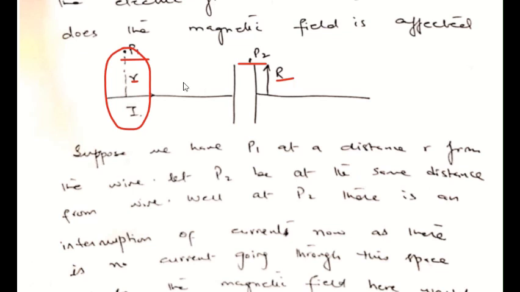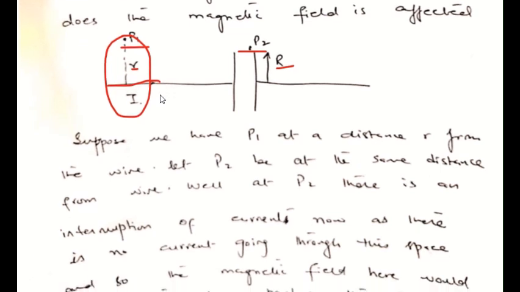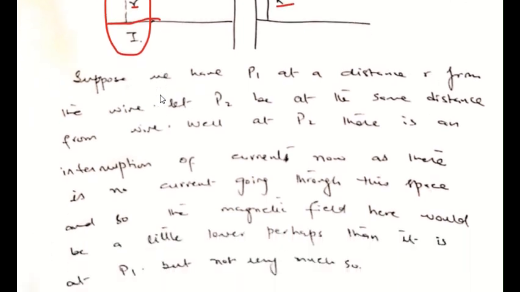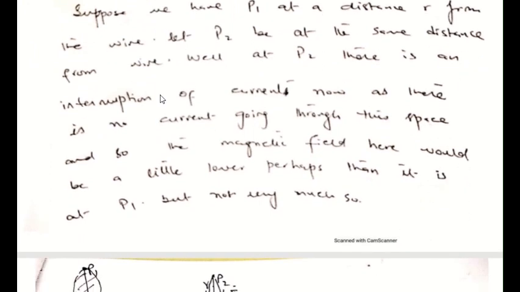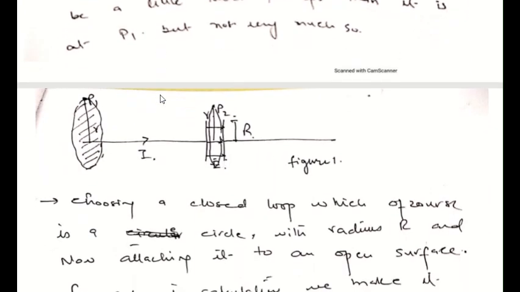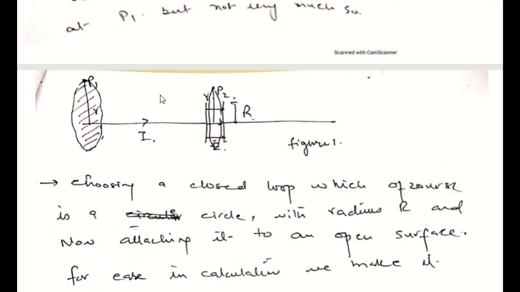Now if we want to find the magnetic field at point P1, we see that this is a closed loop and the current is going through it, so we simply apply Ampere's law: the closed integral of B dot dl equals mu naught I. Solving over the entire closed loop, we get 2 pi r, and we can find the magnetic field.